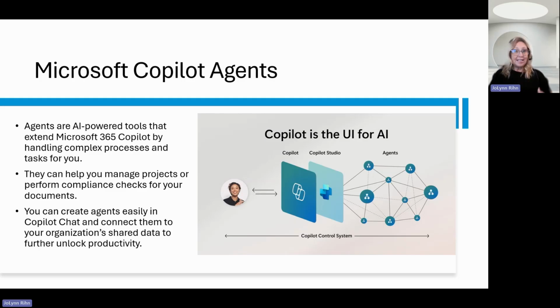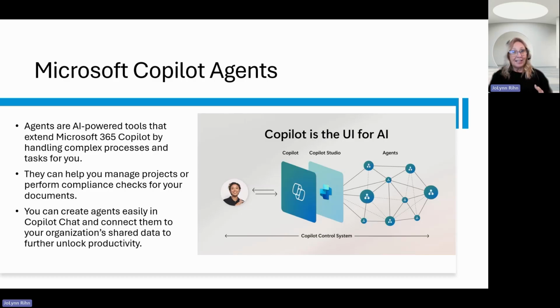So there are some requirements. If you don't see agents, it's probably because of your licensing, and you would maybe need to be contacting your IT department. Also, when we do get into looking at some of the agents that are available and how to create an agent, some organizations are locking some features down.